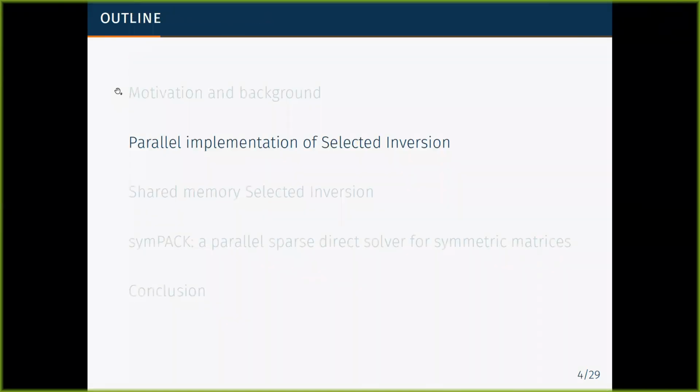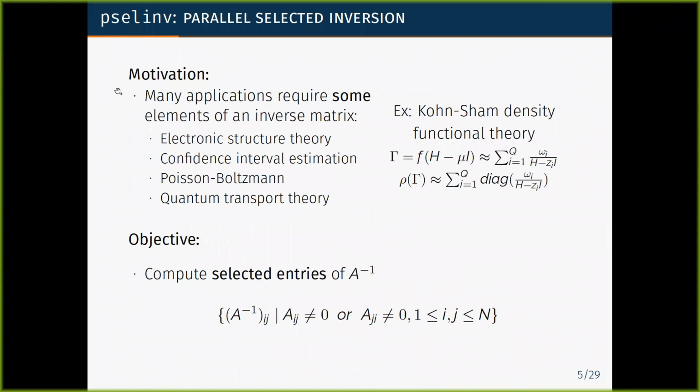Okay, so let's start with the parallel selected inversion available in PEXSI. Many applications in, for instance, electronic structure theory require some elements of an inverse matrix. And so that's the purpose of the selected inversion. I will just skip through that.